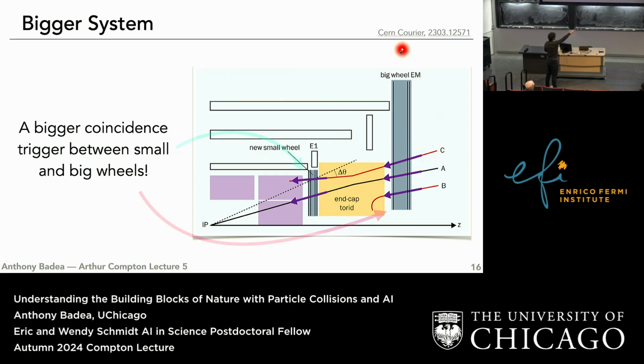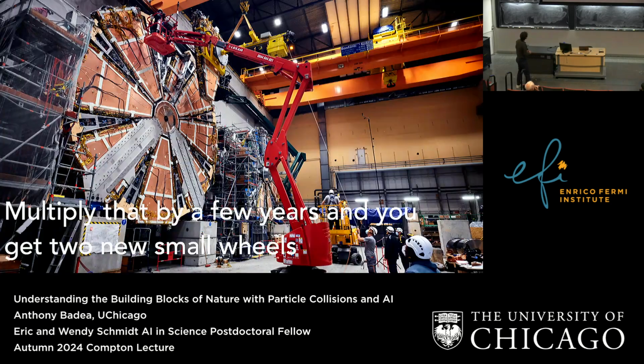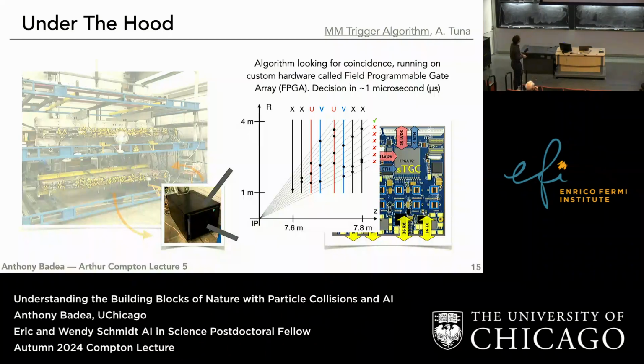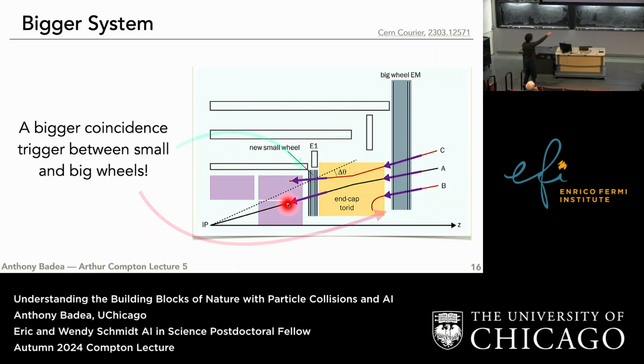They'll hit one of the wheels, and then they'll hit the other wheel, but then they won't go all the way back to the interaction point. Or they'll hit the biggest wheel, and because of the magnetic field, actually curve away, and you won't have a coincidence here. So all of this work to create something of this scale was to go into a bigger system where we are trying to make coincidences and trigger on interesting events that came from here.